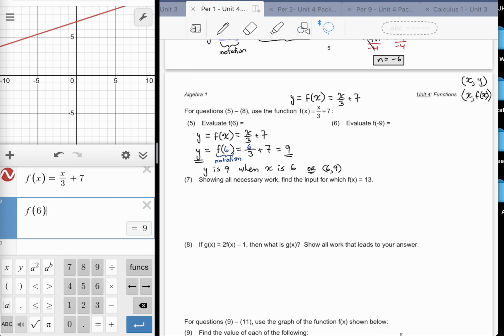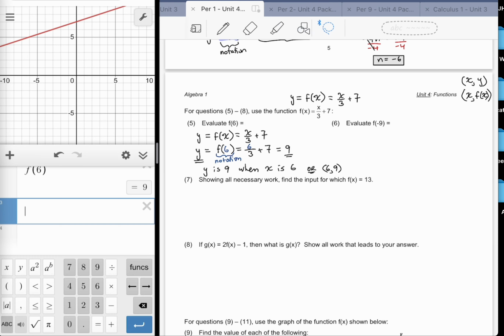In this case, it's just a number. f of 6 gives you a 9. So you could follow the same process for question 6, or you could just type in f of -9. Oops, parentheses. Got to have the parentheses. Which would give you a result of 4. So it's the same process.